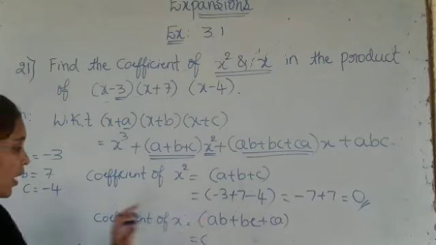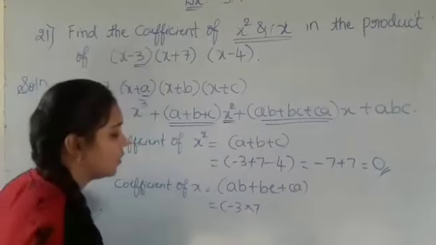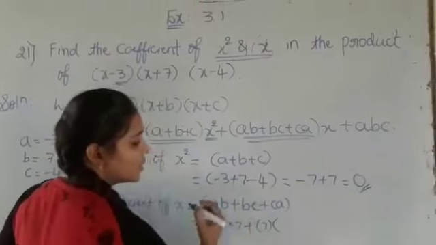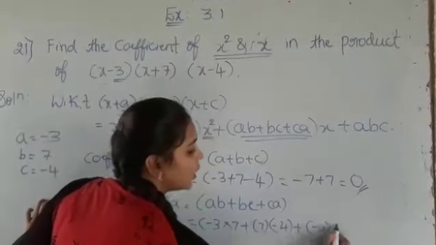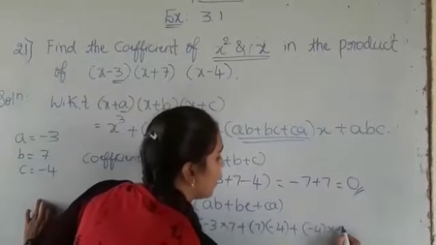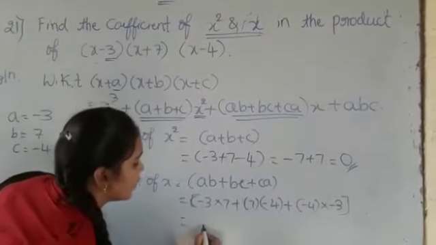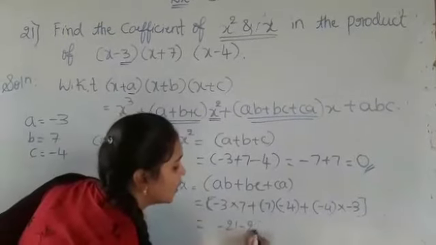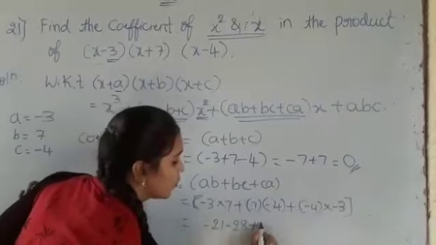We have to substitute the values: a is minus 3 into b is 7, plus b is 7 into c is minus 4, plus c is minus 4 into a is minus 3. So we will get minus 3 into 7, minus 21, plus 7 into minus 4, minus 28, plus minus 4 into minus 3, plus 12.